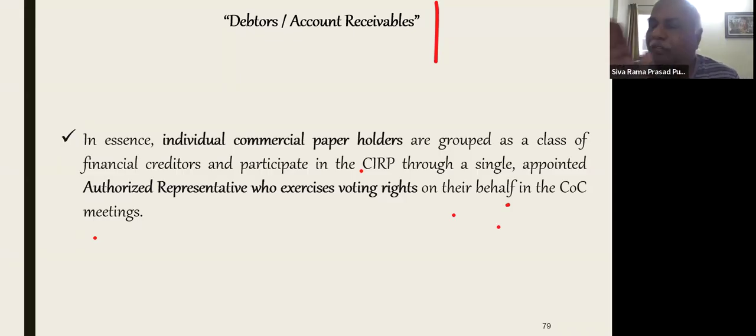Example, for 2 crores, 40%. But one commercial paper holder has given only 5 lakhs. What is his voting rate? For 2 crores, 40% means, for a simple calculation, for 5 lakhs his voting rate may be 5 lakhs by 20, 40.